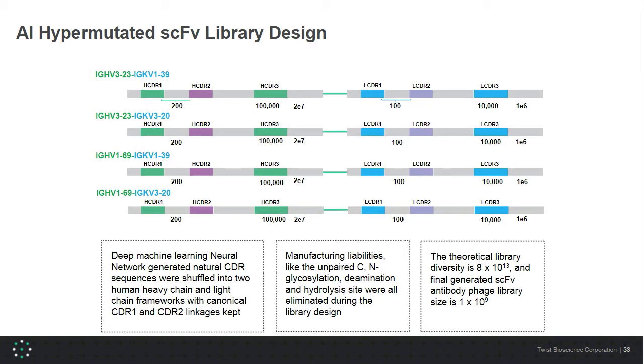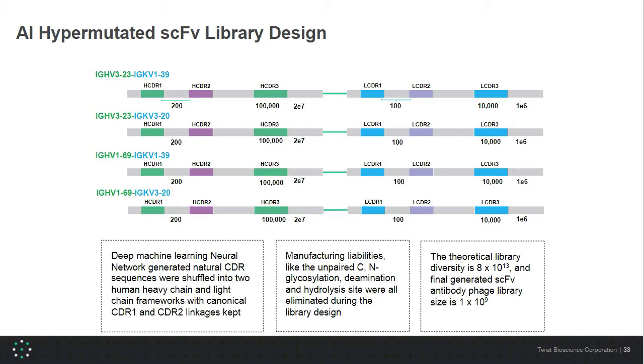And so this allowed us to reduce the overall theoretical complexity and put a lot more diversity in heavy chain CDR3 by synthesizing heavy chain CDR1 and 2 as well as light chain CDR1 and 2 together in individual oligo pools. And so by doing so, we can build an scFv library that only has 4 oligo pools rather than 6.